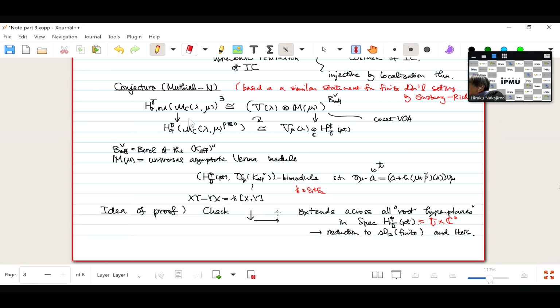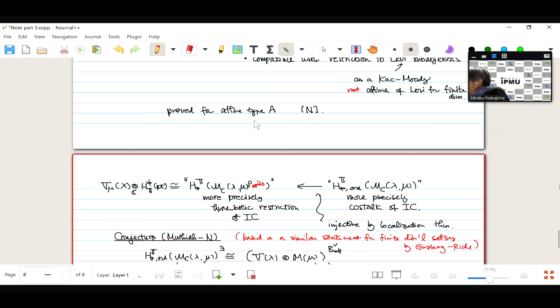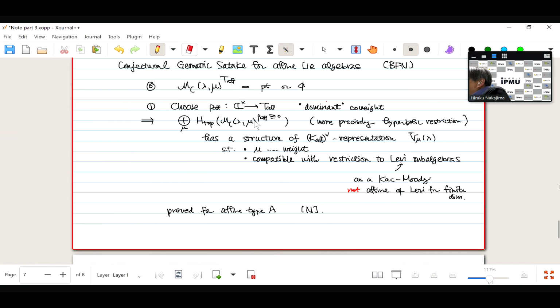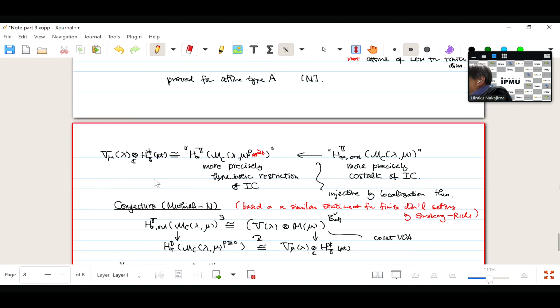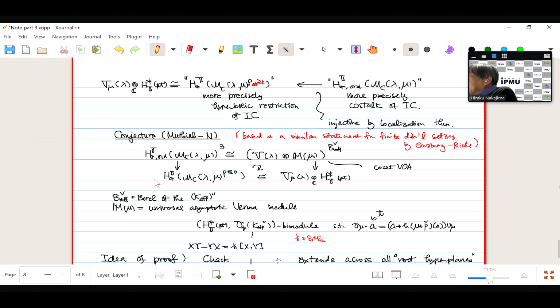By combining these two, we can establish that this composite is free of poles. And this argument is in fact very general, at least for the affine algebra. Once you prove this geometric Satake, we hope this argument basically goes through, so we don't need any additional statement.